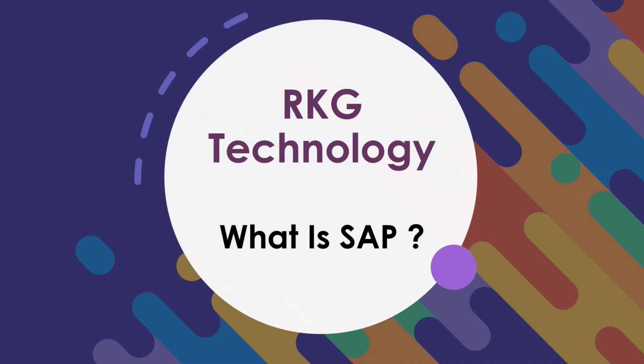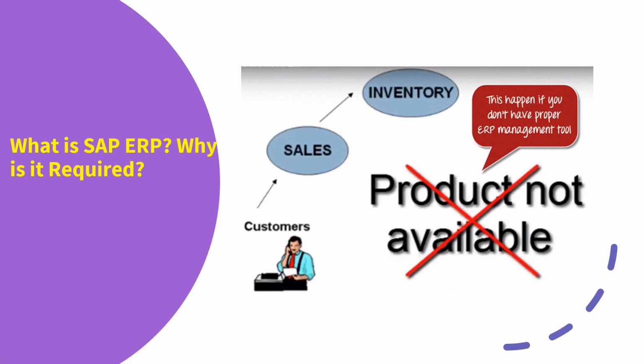To understand this, we will take a simple business flow example. Suppose you can see in the chart, a client approaches the sales team asking for a particular product. The sales team contacts the inventory department to check the availability of the product, but the inventory team finds the product is out of stock.